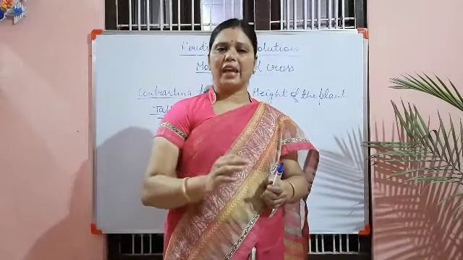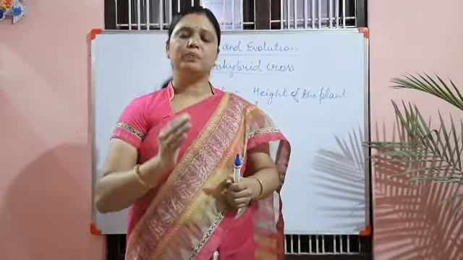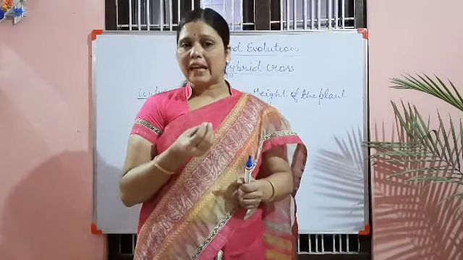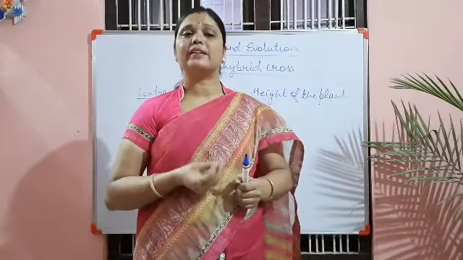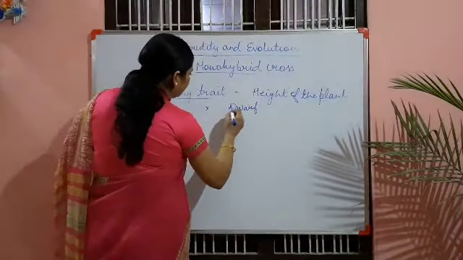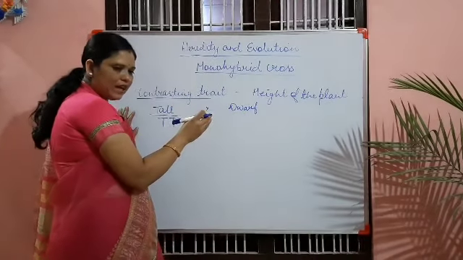That means in F1 generation, all the progeny are tall. Hidden character is the recessive trait, that is dwarfness. So just see it, this dwarf is a recessive character.